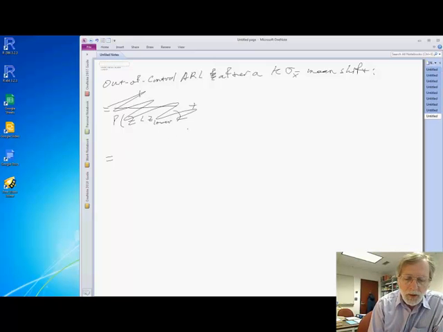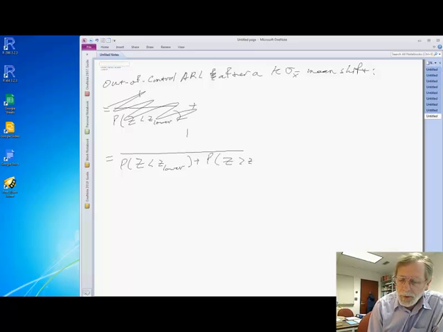It's 1 over, big giant 1 over, probability Z less than Z lower, plus probability that Z is bigger than Z upper.